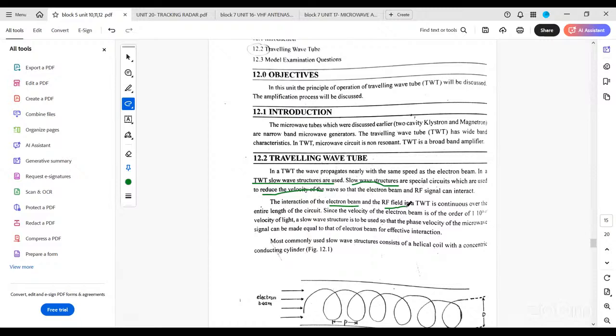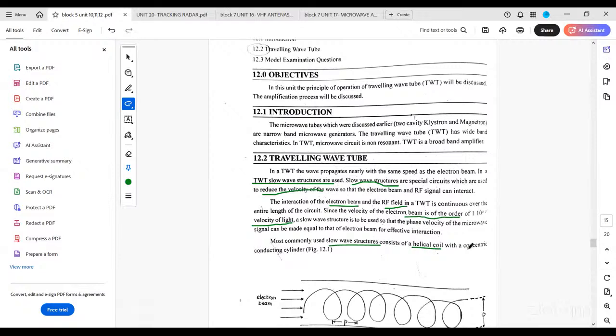So the velocity of the electron beam is very low in comparison. That is why it is written that the velocity of the electron beam is 1/3 of the velocity of light. So here the velocity of the beam is low and the radio frequency signal is higher. We have to reduce it and match the two. That is our final destination. That is given in this paragraph. Next, what is given? Mostly used slow structures. Which slow structures are we using?